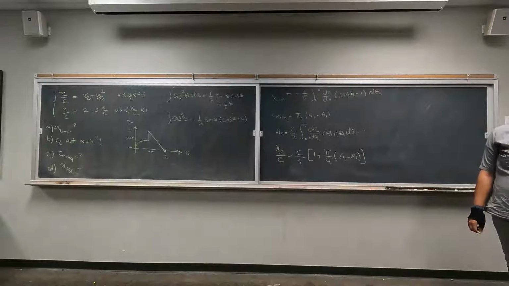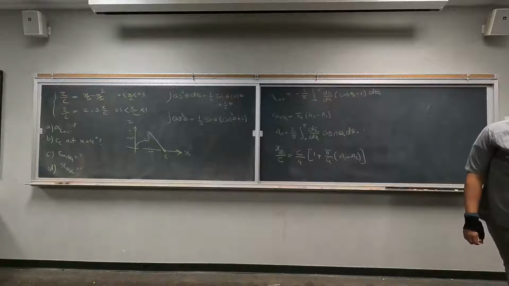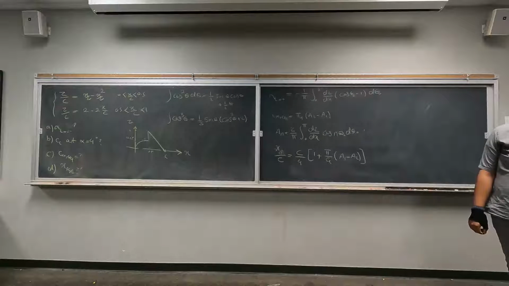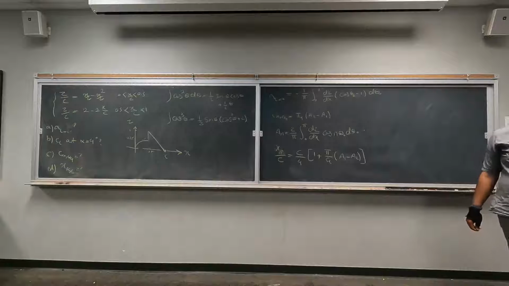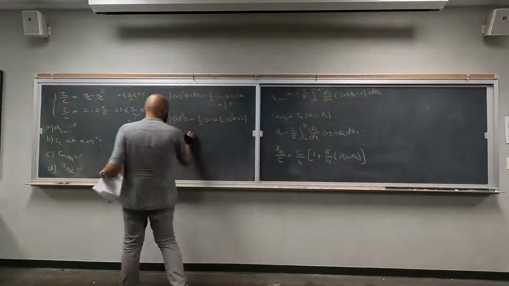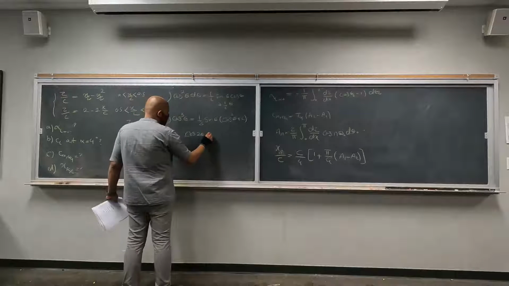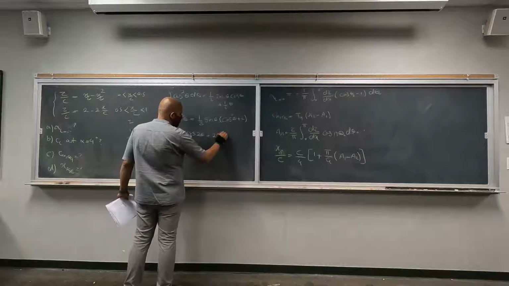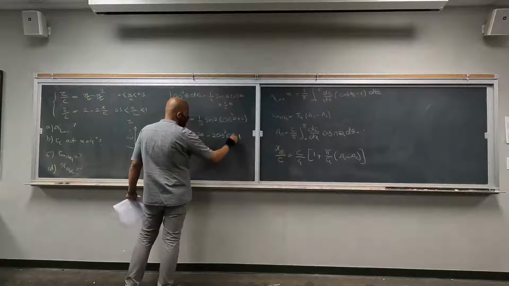And yeah, some trigonometry relations, like cosine of 2 theta is 2 cosine squared minus 1.